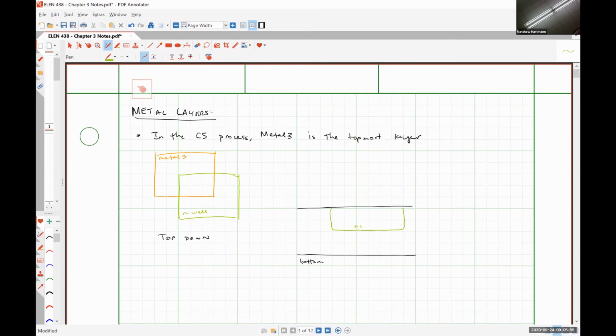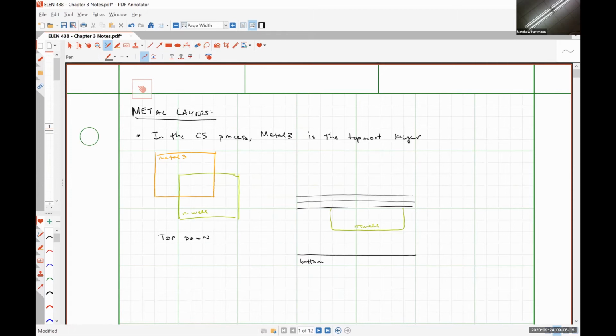Here is our N well. Then we're going to have our field oxide layer, which is an insulation layer. We're going to have another insulation layer.